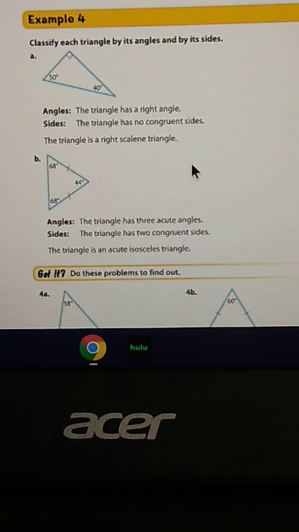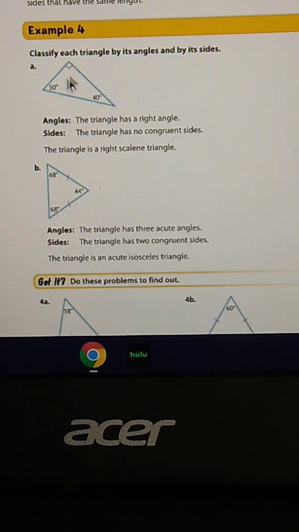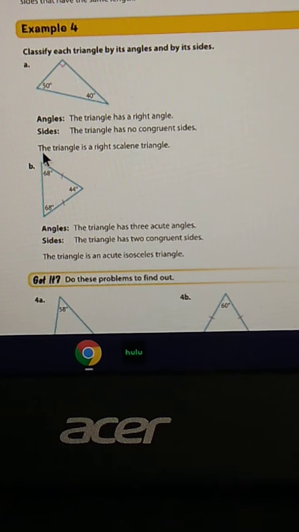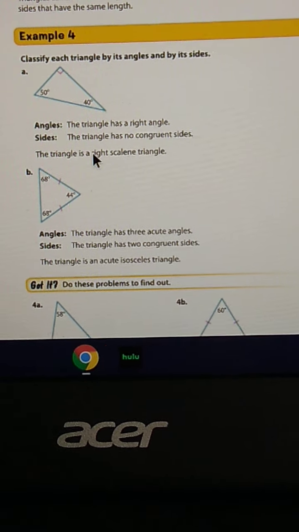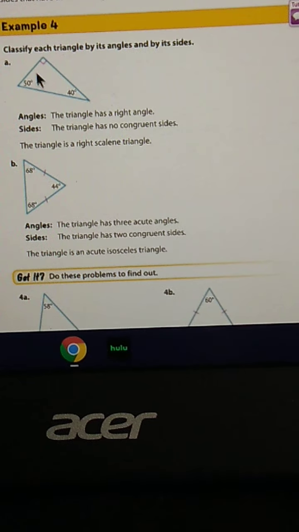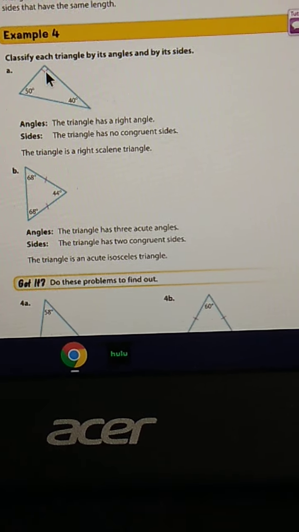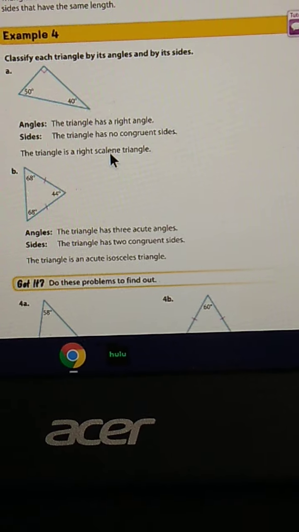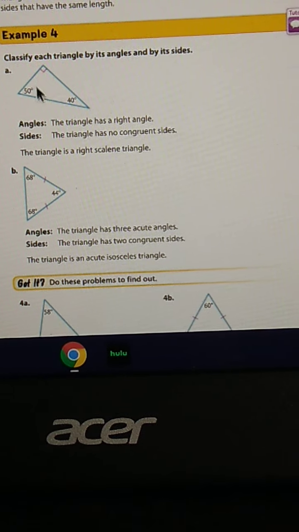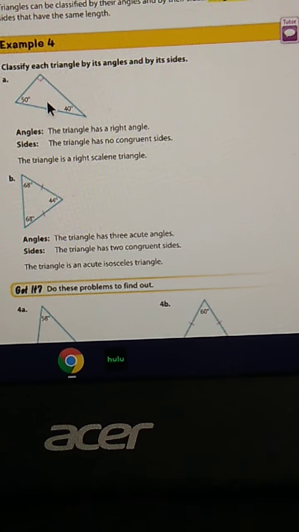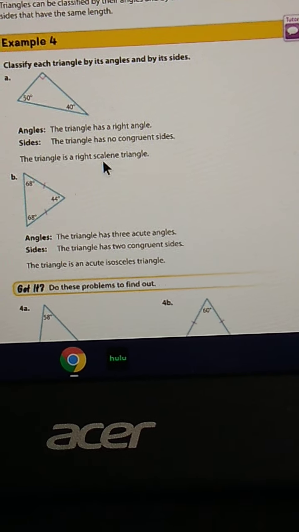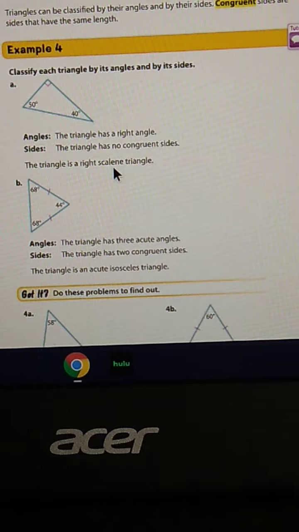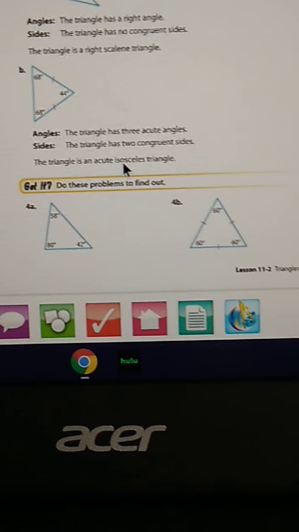So these are some examples. Notice they say this triangle is a right scalene. So it tells you what type of angle it has. It's a right triangle. Scalene means that all three sides are different. They're not congruent. So they classify it according to the angle here and according to the sides. And that's how you can classify them.